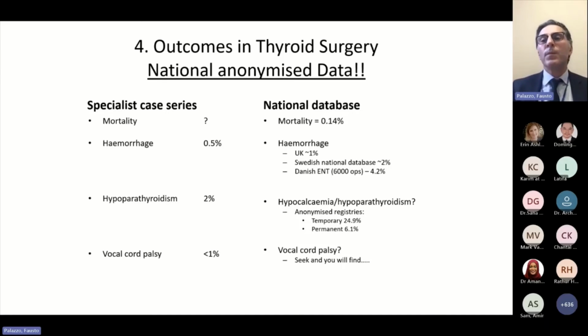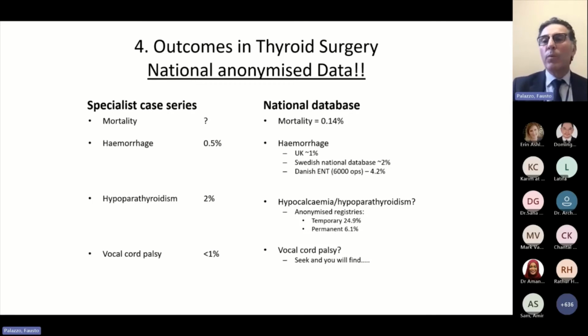And as a consequence, all the thyroid surgery was done, whether they liked it or not, by ear, nose and throat surgeons, not specialist ear, nose and throat surgeons, but just ear, nose and throat surgeons, head and neck surgeons. And the post-operative return to theatre rate for bleeding was more than 1 in 20. So that just gives you an idea. So we're talking about many times more than a specialist centre.